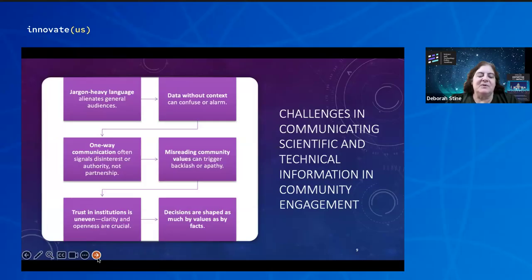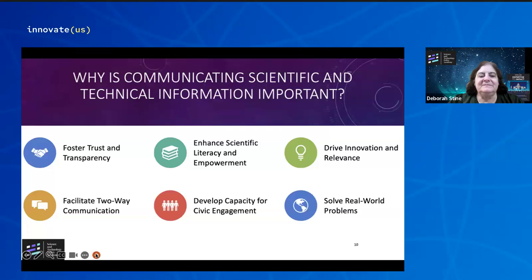And it's important to go back to what I was saying before, that scientific technical information is not the only factor in terms of how people make decisions. Today, these decisions are shaped as much by values as by facts. You have to recognize that and make sure you honor that when you are engaging in this communication.